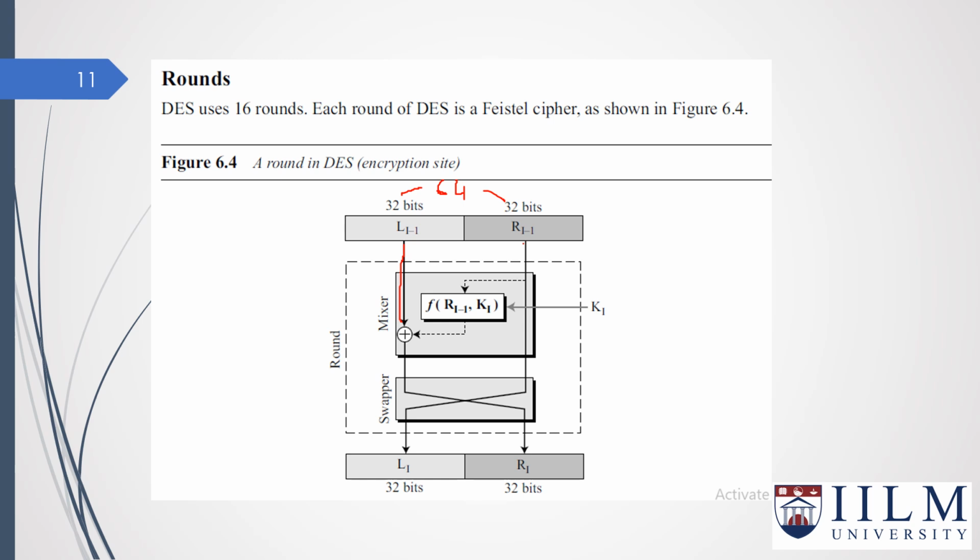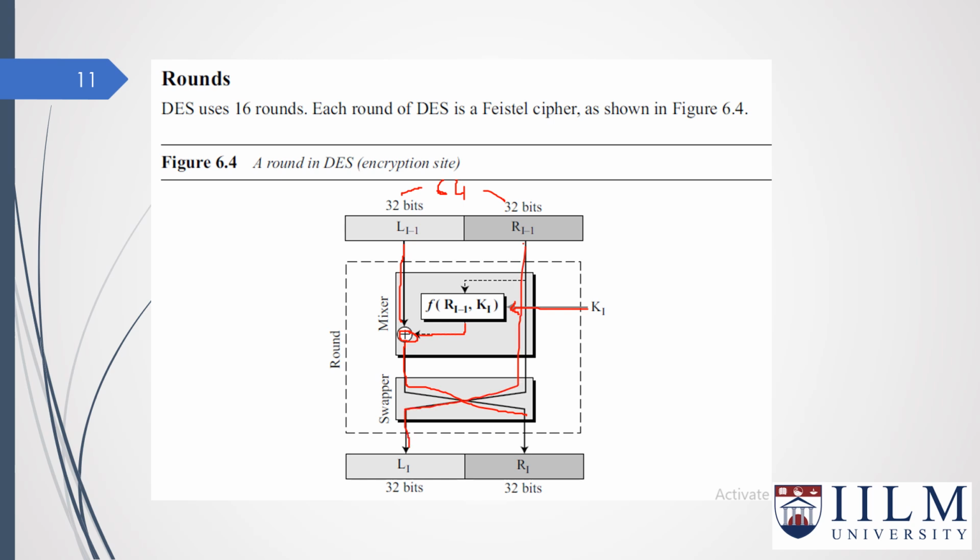Then the 56-bit key comes in, and excluding the parity bits, the 48-bit key is used. This function creates a block of bits, which is XORed with the left bits, and then they go ahead. The left side goes to the right and the right comes to the left.